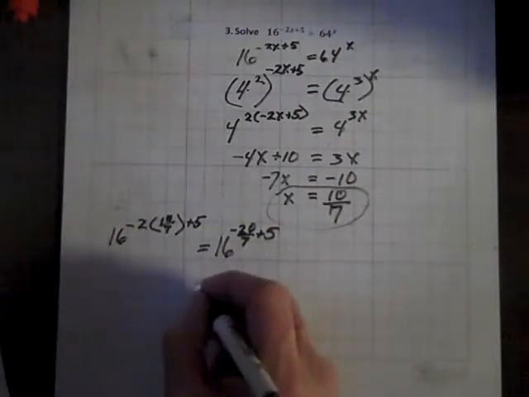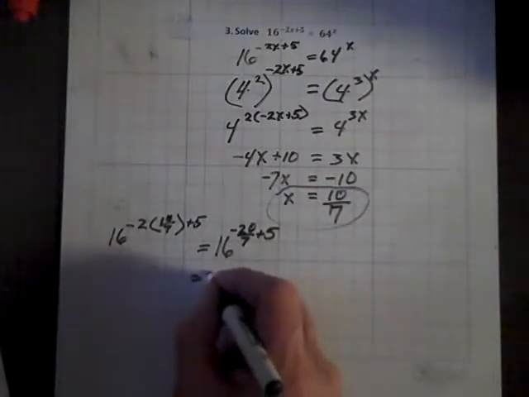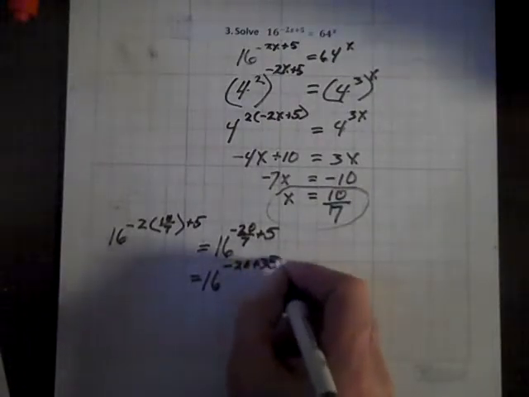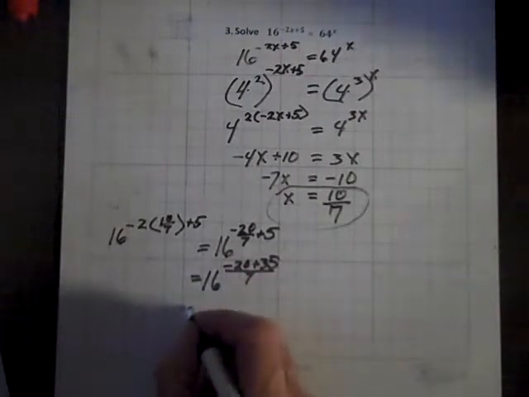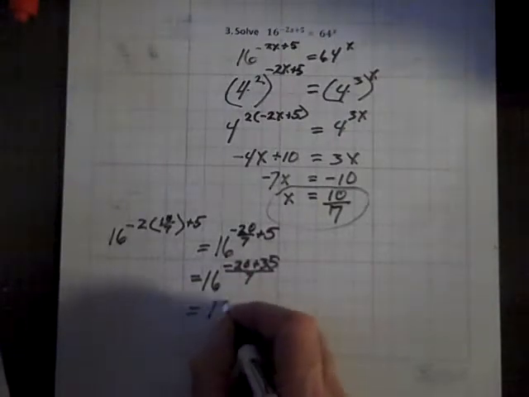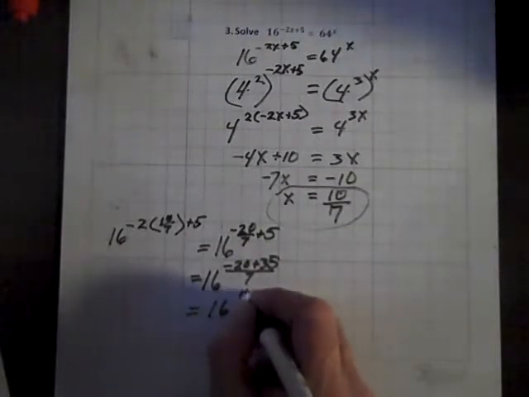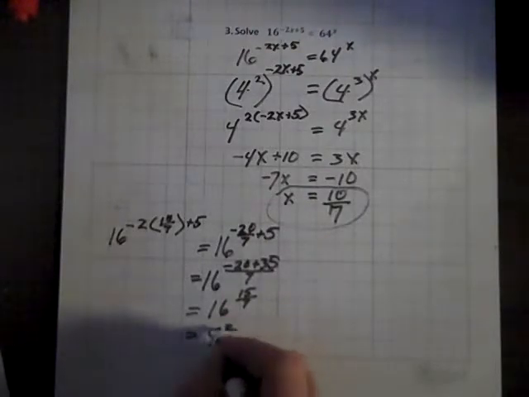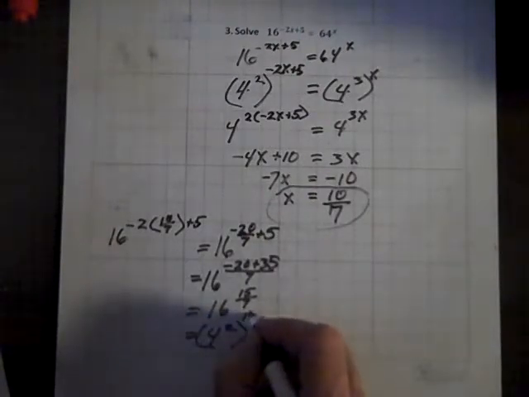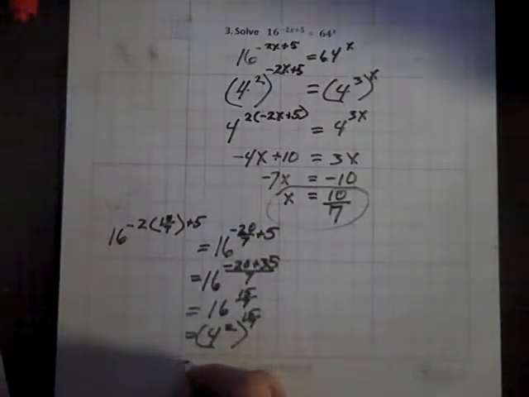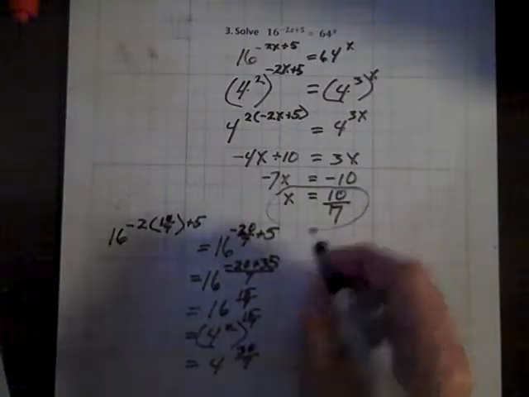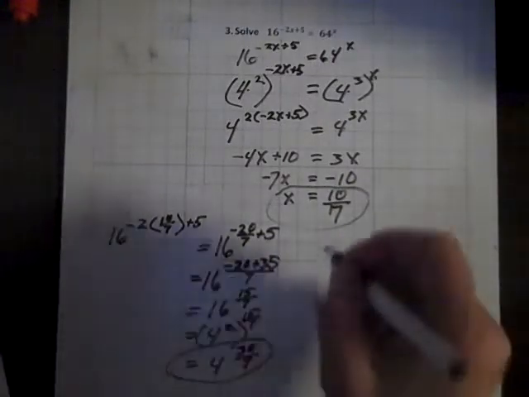Now, getting a common denominator, that is 16 to the negative 20 plus 35 all over 7, which equals 16 to the 15 over 7. But that equals 4 squared to the 15 over 7, which equals 4 to the, multiplying 15 by 2, we get 30 over 7. So that's as good as we're going to get with that.